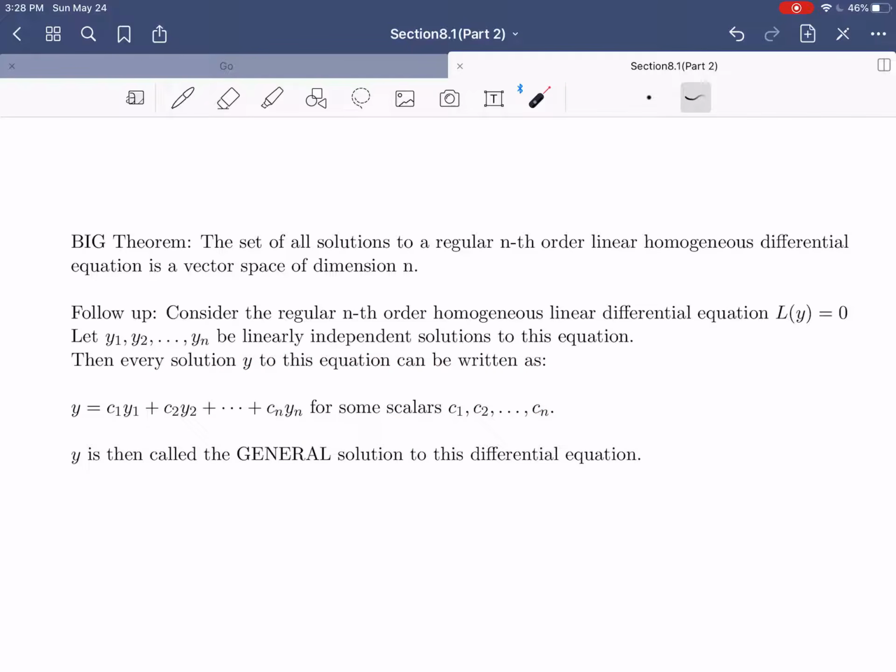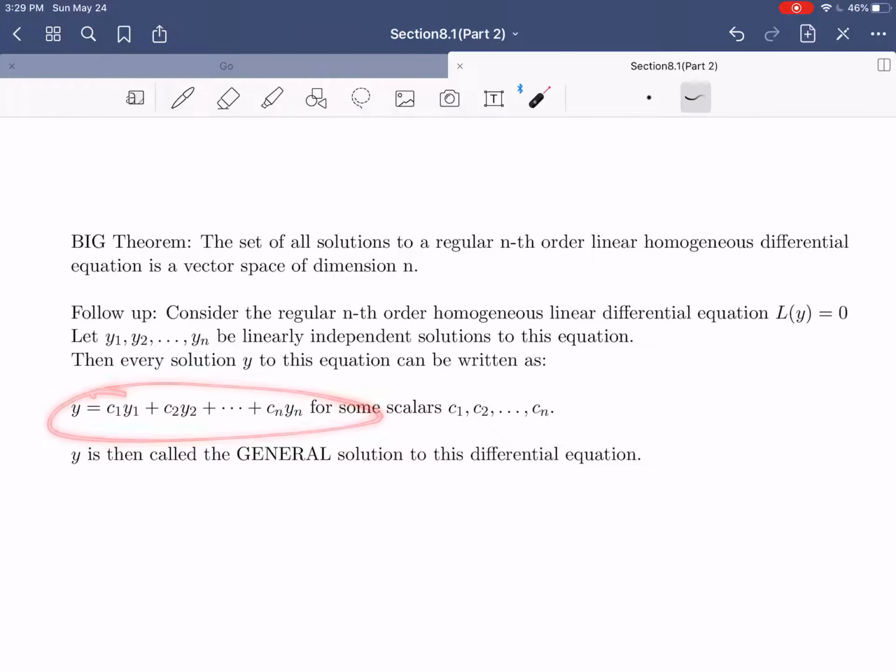Because of this big theorem, we know that the solution space is a vector space of dimension n. Here are n functions that are linearly independent. Since they are linearly independent and the number of vectors matches the dimension, we know that they form a basis. Since they form a basis, everything in the solution space, every solution, can be written as a linear combination of those n linearly independent solutions.